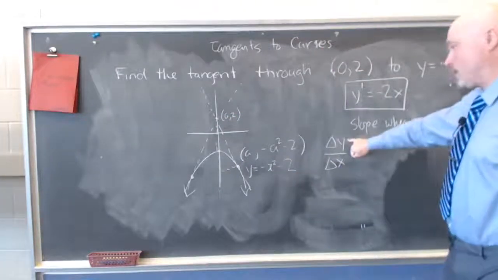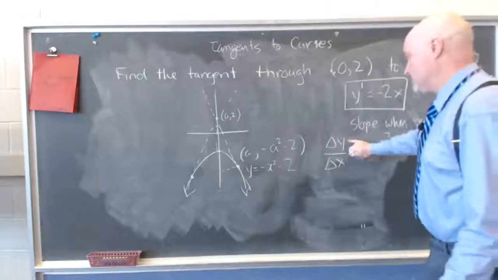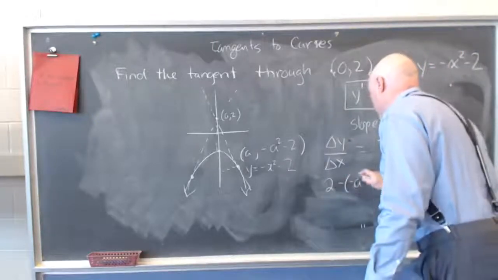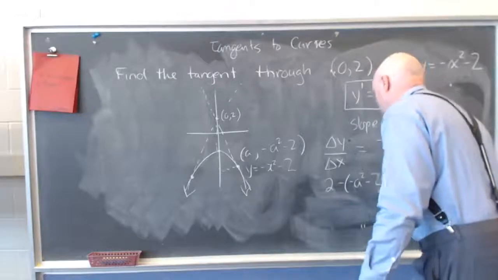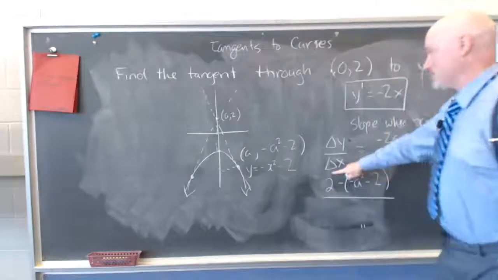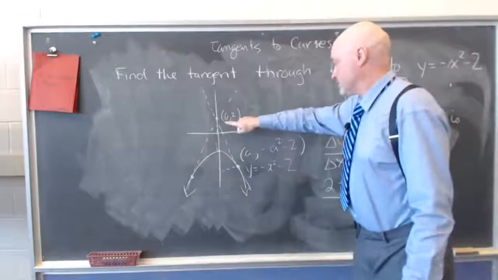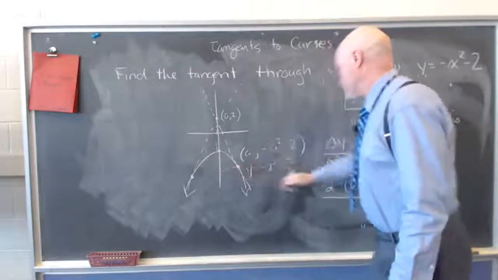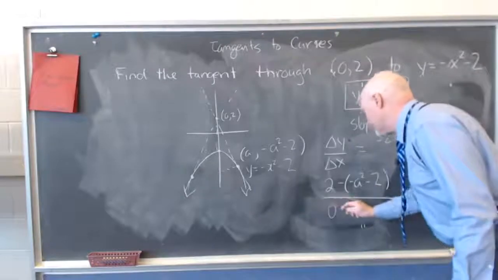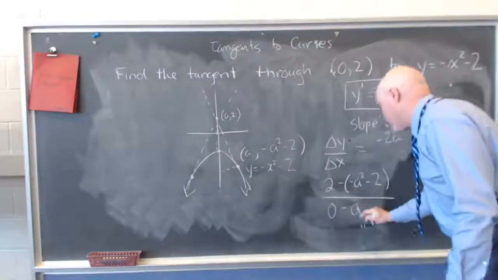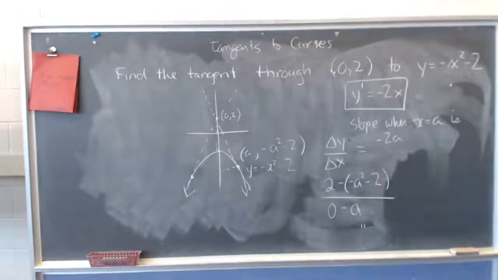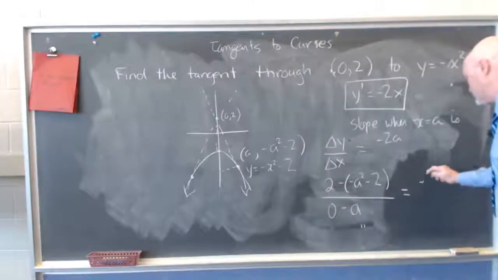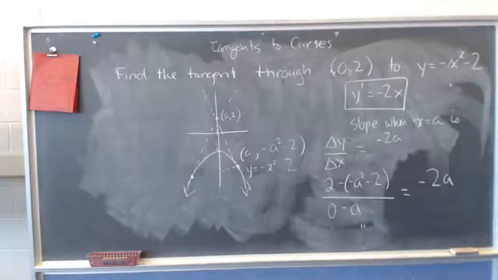Okay, so delta y, in other words, is 2 minus (negative a squared minus 2). My delta x is, what did I do? Oh, I started up here. 0 minus, and my x coordinate is a. Okay, so I've done the slope backwards, but it won't matter. And that has to be equal to 2a.